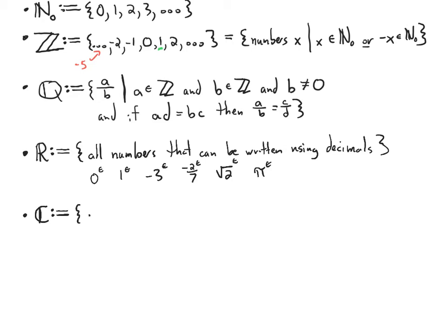So it's all numbers of the form a plus i times b, such that a and b are any old real number you like, and i is a number such that if you square it, you get -1.